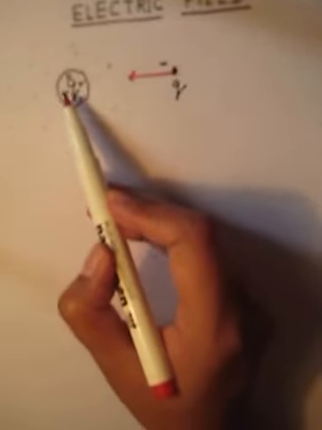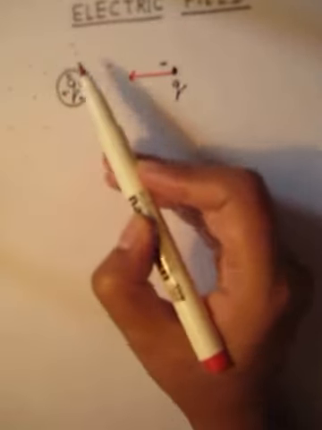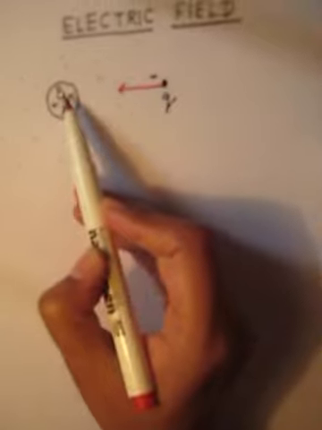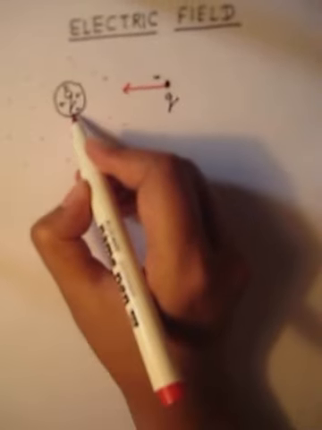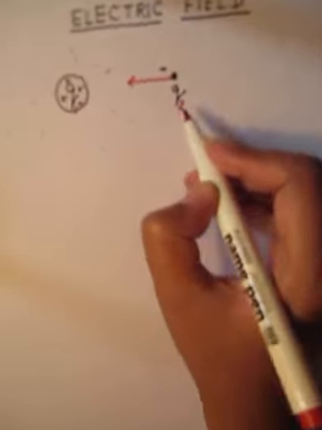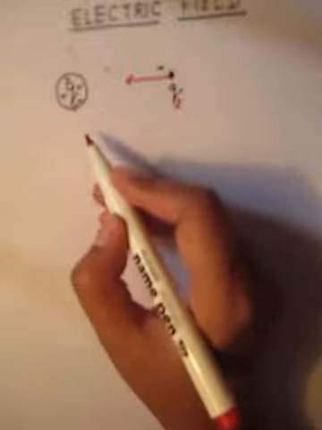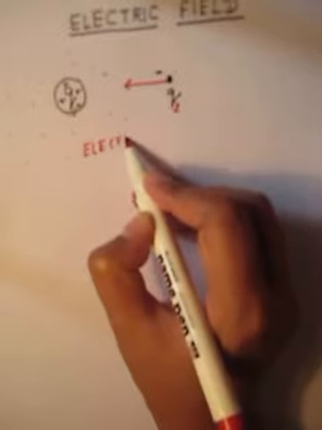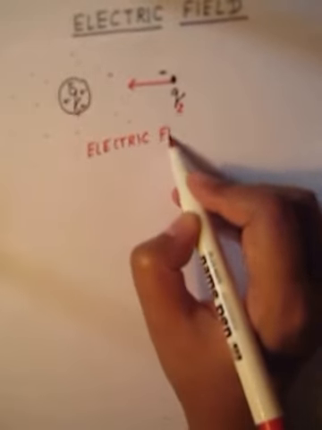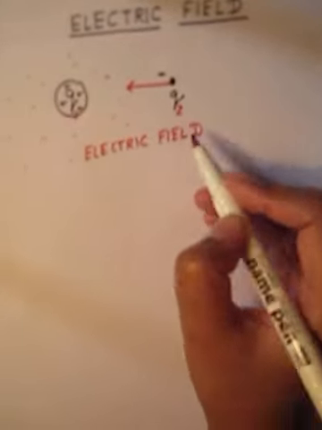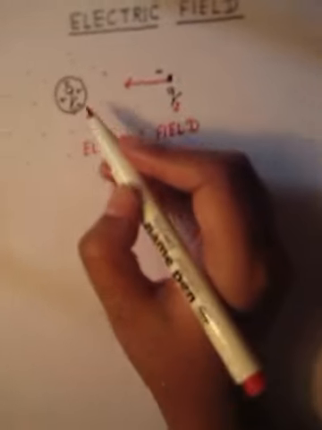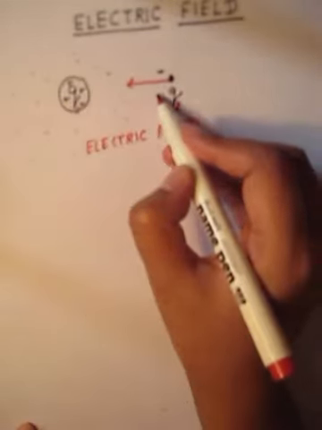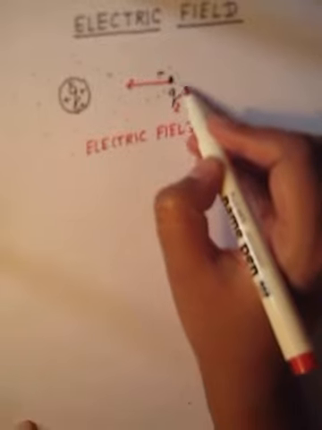So it means that this charge has something around it due to which the other charge gets attracted towards the first charge. And this field around is called the electric field. And not only is the field associated with this charge, but there will also be a field associated with the smaller charge.